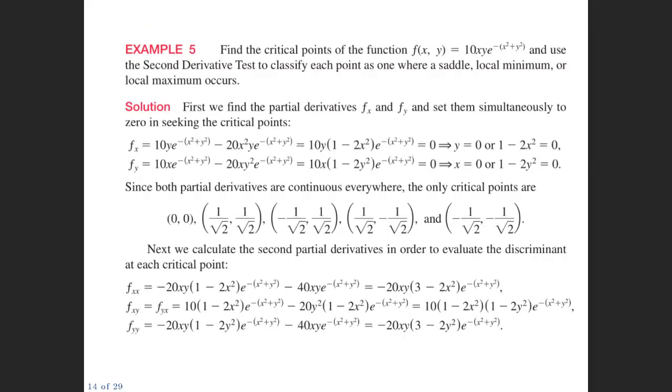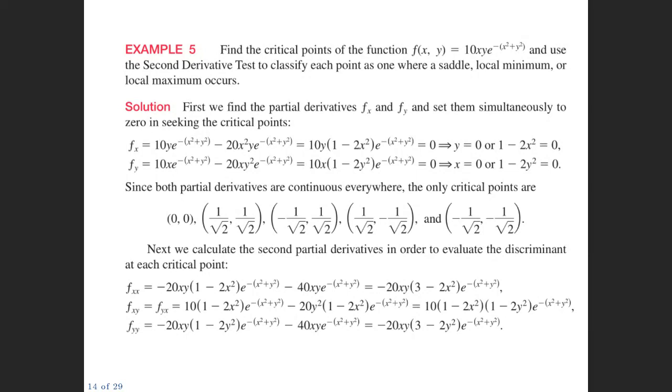One more example. Find the critical points of 10xy e to the power minus, open bracket, x squared plus y squared, close bracket, and use the second derivative test to classify each point as either a saddle point, a local minimum, or a local maximum. The first thing to do is to find all of the critical points.